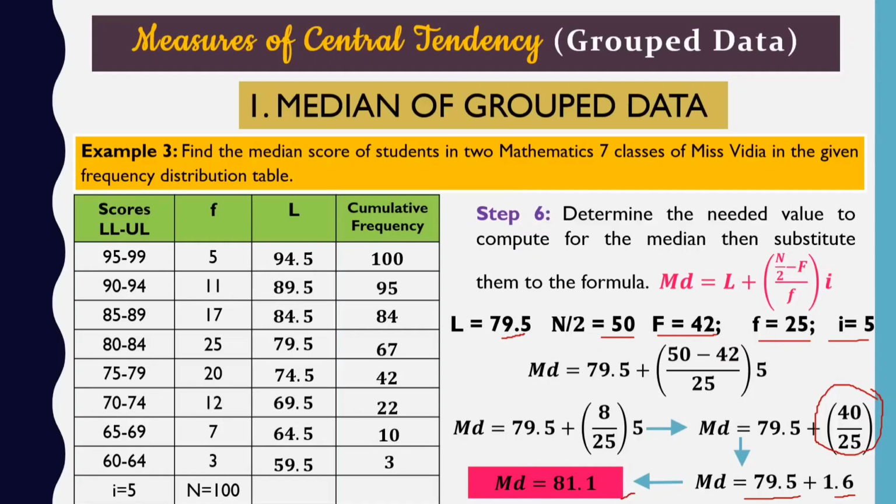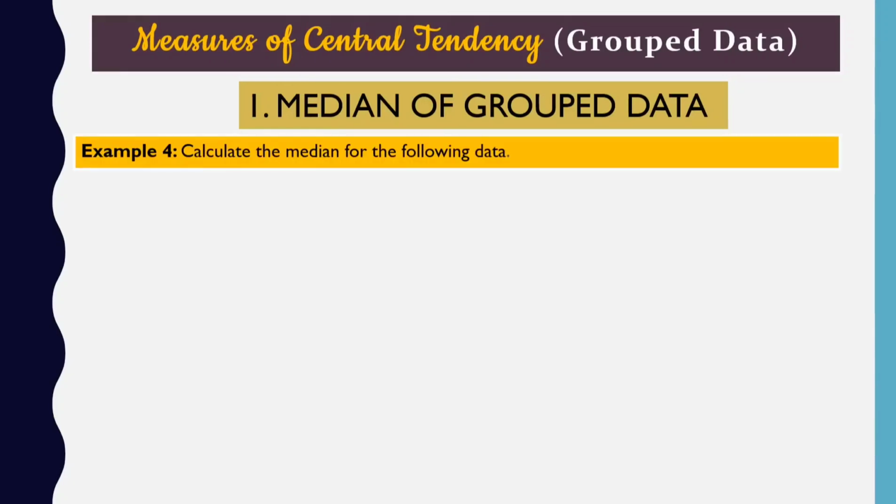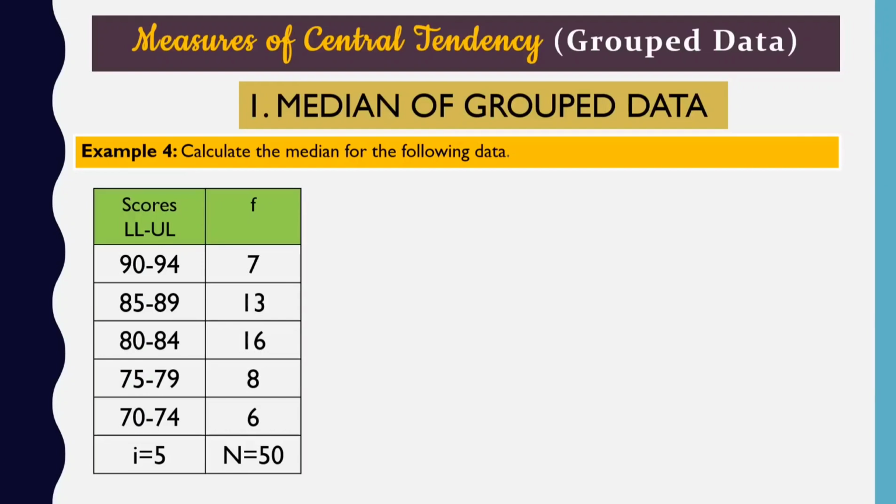We follow the same steps as we answer example 4. For example number 4, we will calculate the median for the following data. We have here how many intervals? 1, 2, 3, 4, and 5. The value of i is already given, which is 5, and the value of N is 50.